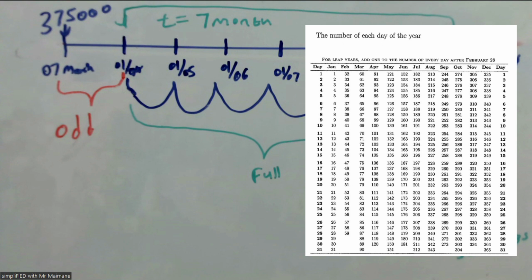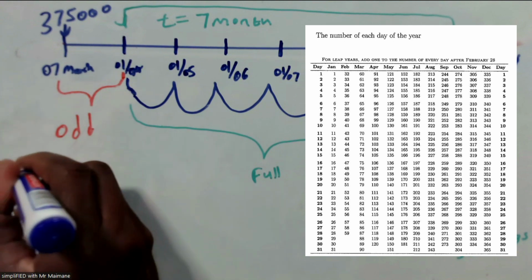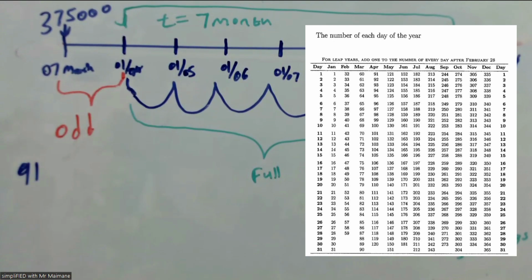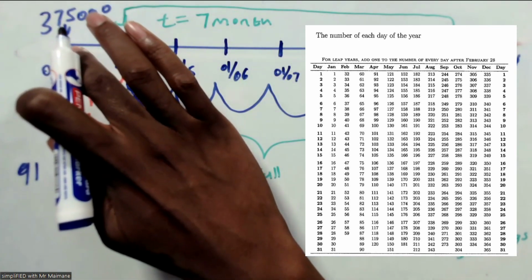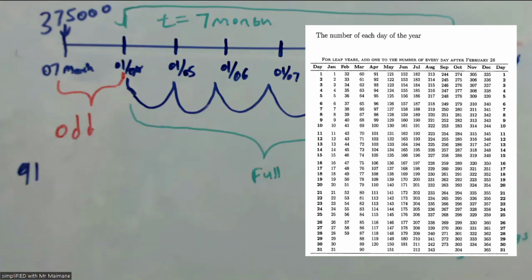As you can see, the number of days that I get on the 1st of April is 91 days. And the number of days on the 7th of March, according to the calendar, is 66.